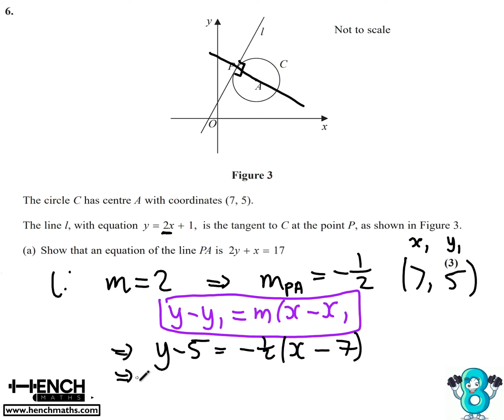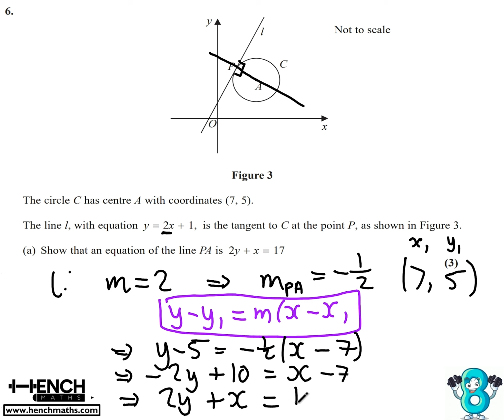So that will give us negative 2y plus 10, and that cancelled out this negative half, so we get x subtract 7. So if we add that 2y over with the x, and then we add 7 to the 10, so the opposite of negative 7 is plus 7, we end up with 2y plus x is equal to 17, which is what we were trying to show for 3 marks.